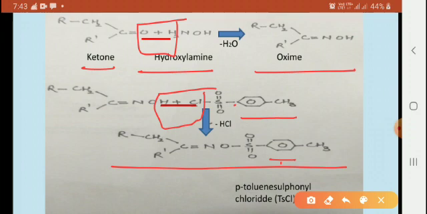This is TS, also known as OTs or tosyl group.